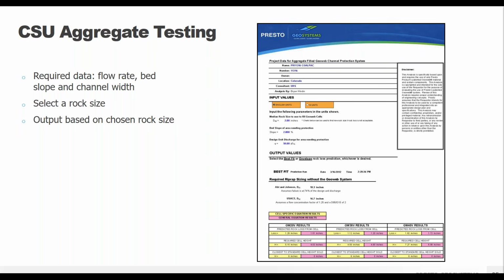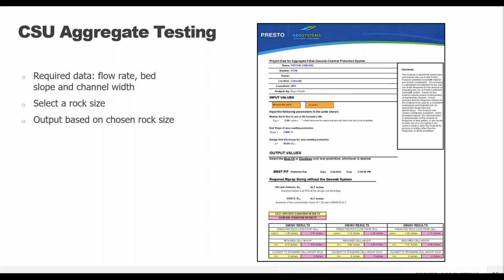So Dr. Thornton at Colorado State University put together a design tool based on a complicated regression analysis, so we can compare that reduction from large conventional riprap to crushed aggregate confined within the GEOWEB system. The tool is based on all of the testing data that they had for us and allows us to predict the rock loss and the rock size based on project-specific hydraulic conditions.